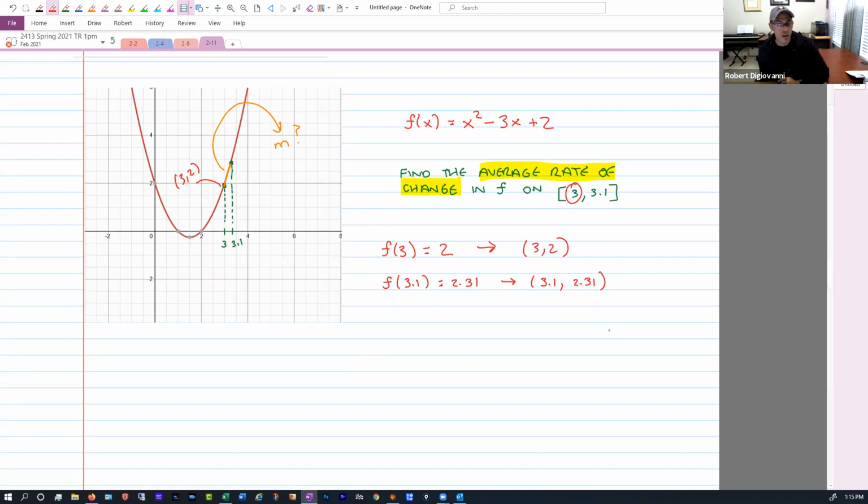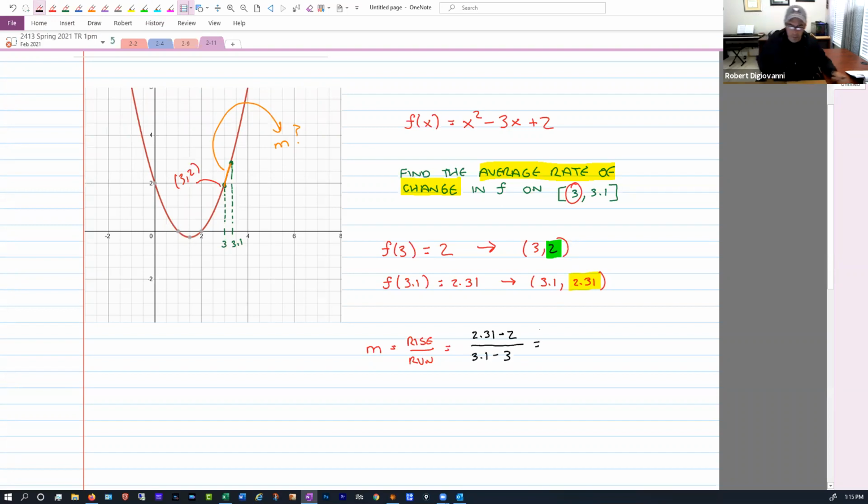So let's talk about the slope. The slope of this should be rise over run. The rise is always the difference of the y coordinates, right? So I'm going to take this y coordinate here and subtract the green one. So I'm going to take 2.31 and subtract 2. Then I'm going to divide that by 3.1 minus 3.